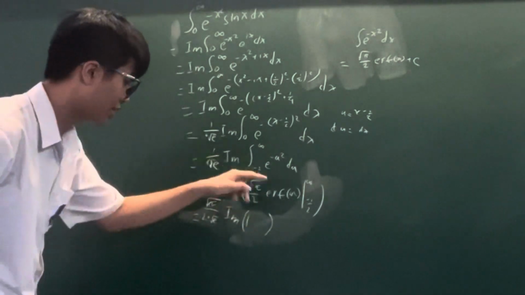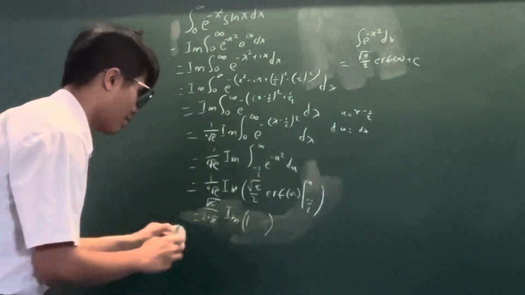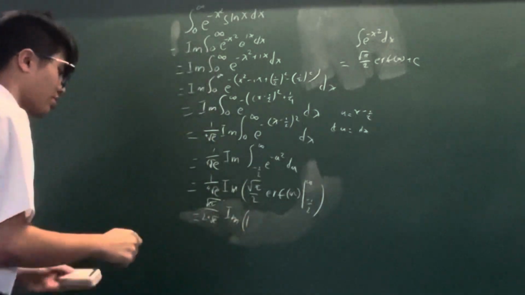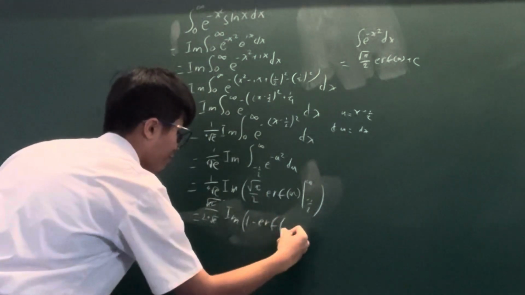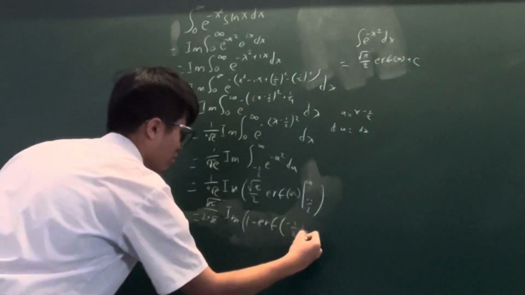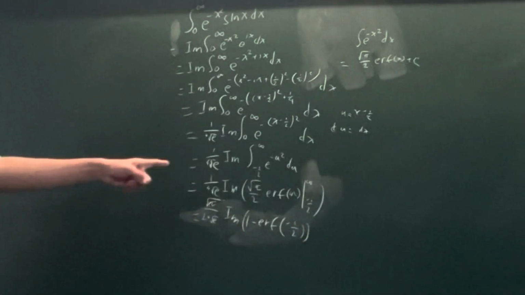And then you're going to subtract erf of negative i over 2. So you'll get that, right?